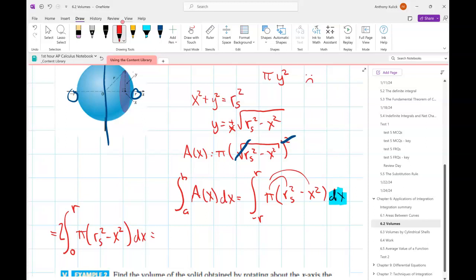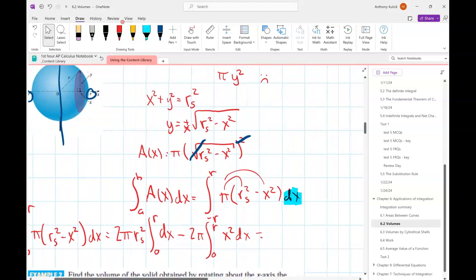And now I'm going to distribute through my integrals. So I'm going to have 2 pi r squared integral from 0 to r dx minus 2 pi integral from 0 to r x squared dx. So I do my antiderivatives.